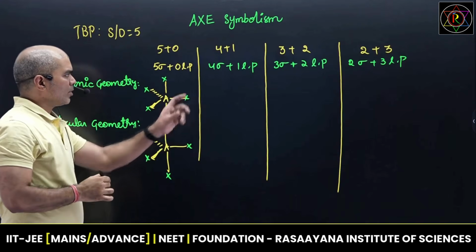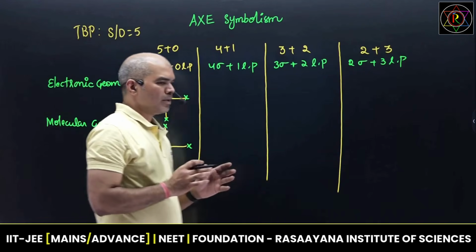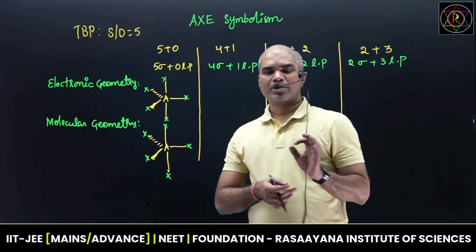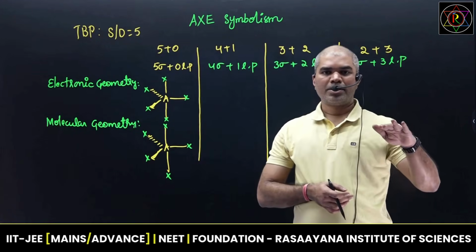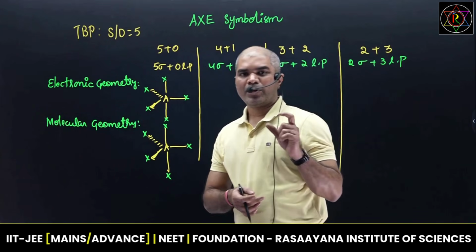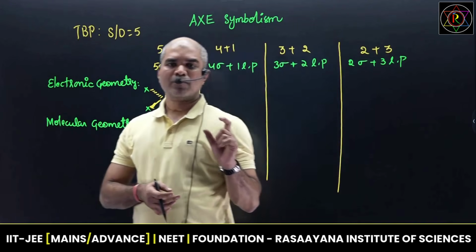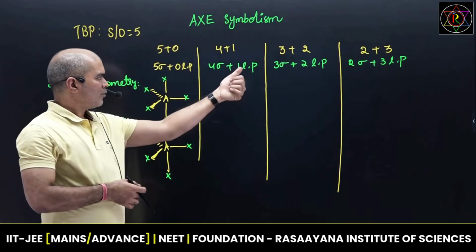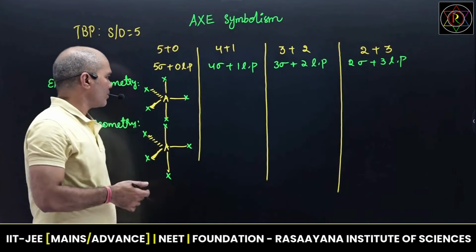When there are 4 sigma bonds and 1 lone pair, remember a lone pair will occupy more space. So for trigonal bipyramidal geometry, in the equatorial region there is a 120-degree angle. Separation is large. So any lone pair or multiple bond will first choose the equatorial position. Whatever lone pairs are present, first of all try to put them in the equatorial position.